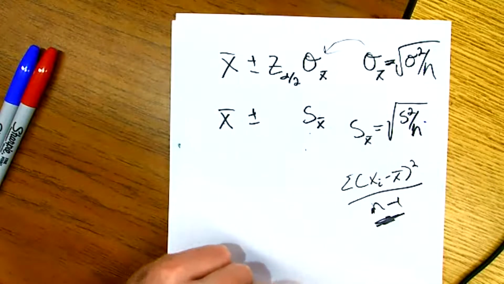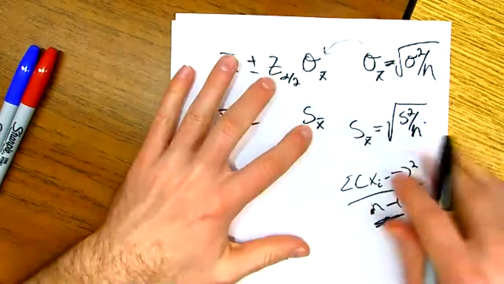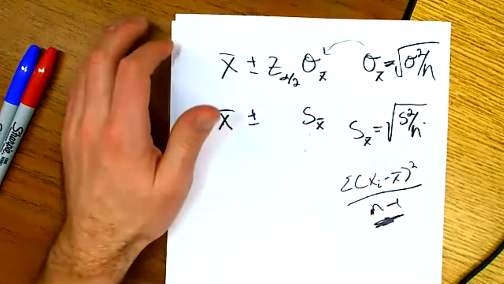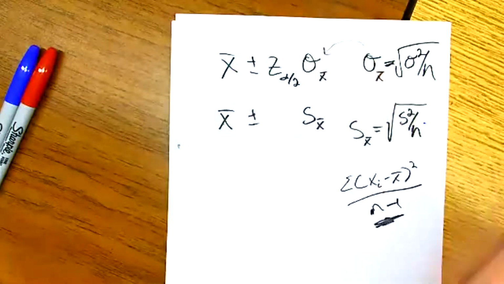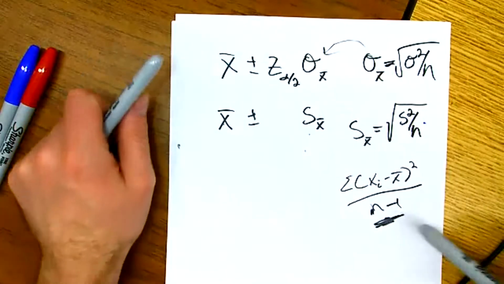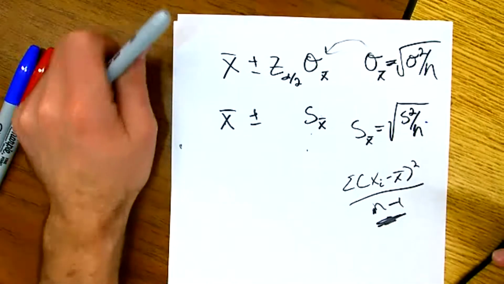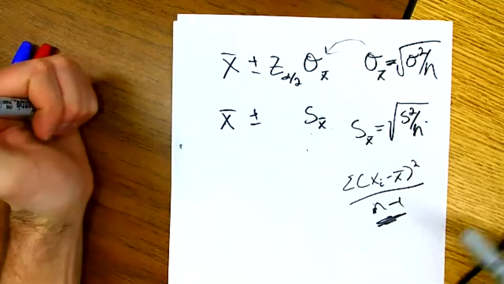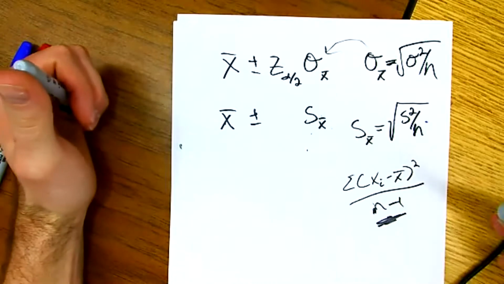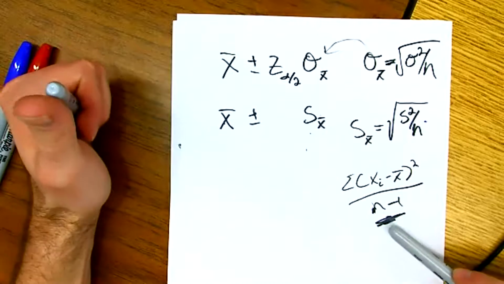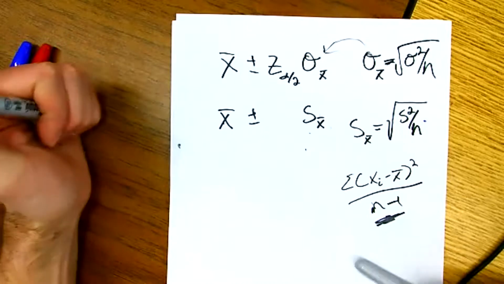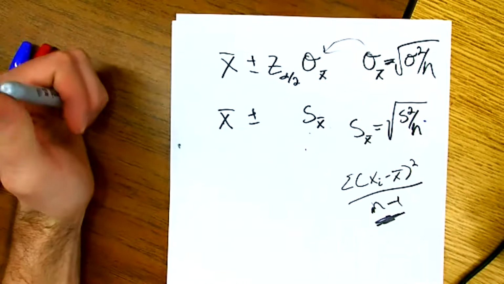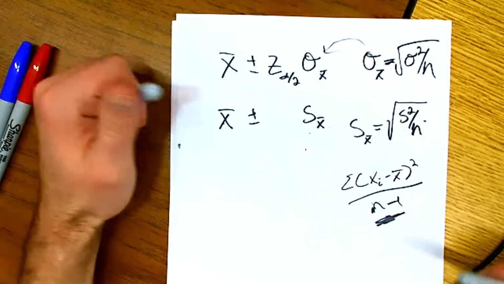The problem is, if I'm using this as my estimate for the true population variance or standard deviation, and I have a small sample size like 2, then I would be dividing by 1 instead of 2. That's going to cause a huge difference. If I have a large sample size, I'd be dividing by 99 instead of 100. That's not going to make as much of a difference. I'm not going to be as far off.